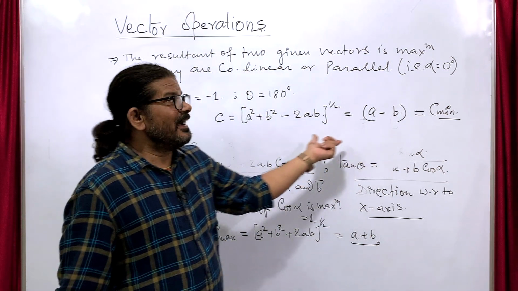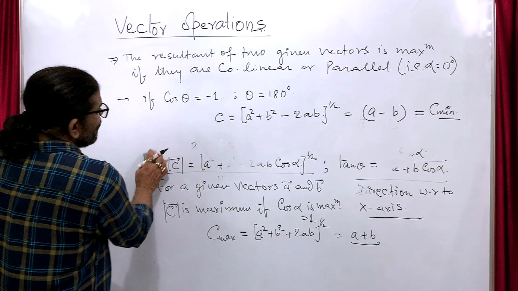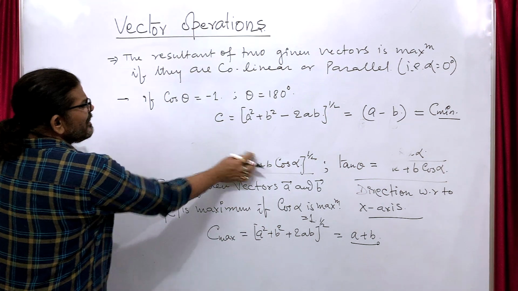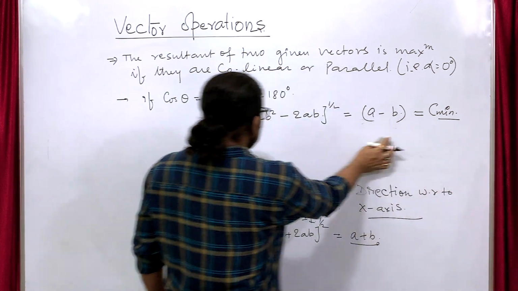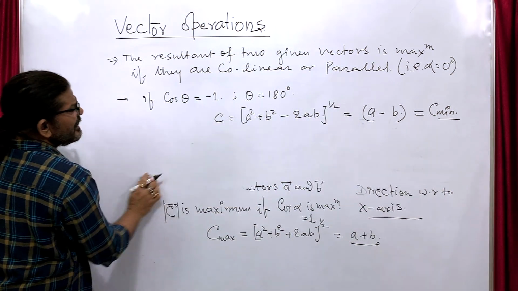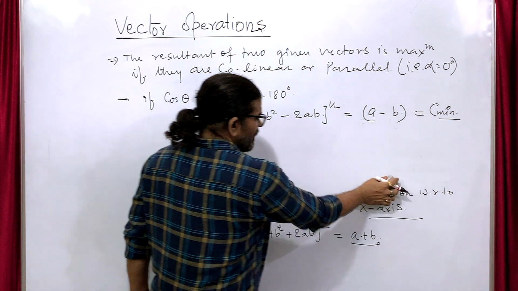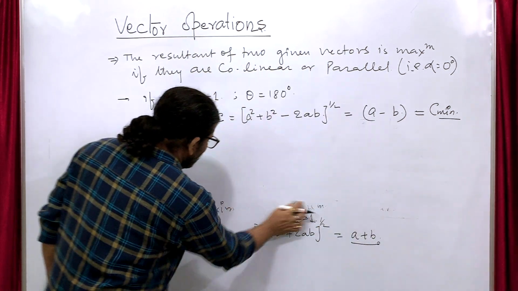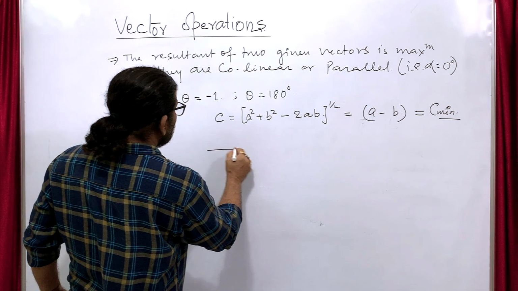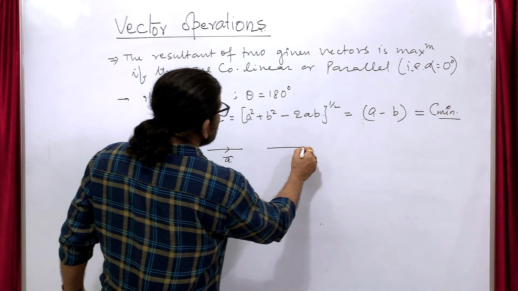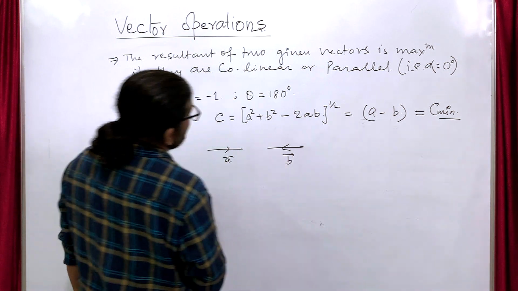This is also nothing but the difference of vectors. So in vector operations, it doesn't matter whether it is subtraction or addition. You know that the opposite vector is one with a minus sign. Suppose I write one vector A in this way, and another vector B in this way.